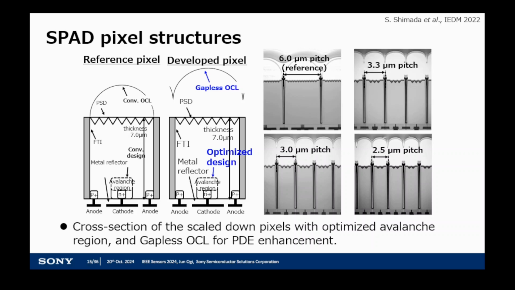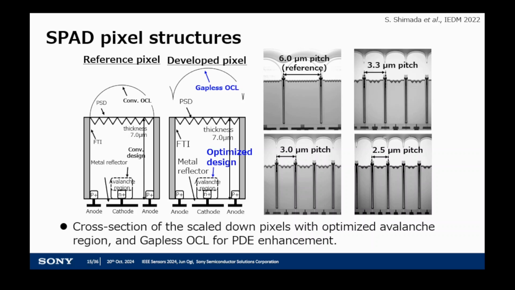This sensitivity is called the photon detection efficiency, PDE, for the SPAD. The conventional on-chip lens has a gap like this between the pixels, and it decreases the PDE. The PDE loss is larger in these small pixels.